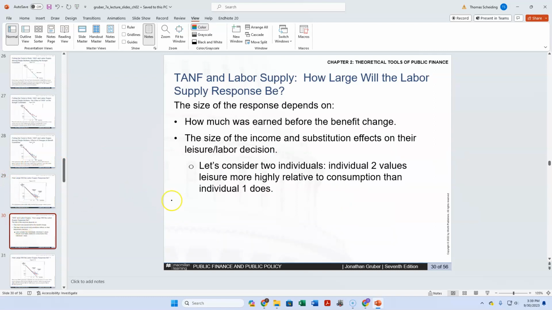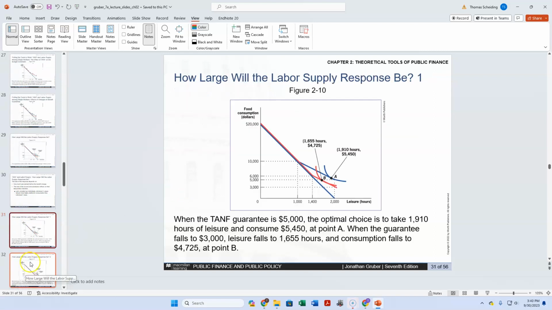And so as we think about this here, we have to think about if the TANF benefit in this case goes down from $5,000 to $3,000, how much more labor will people decide to provide? Okay, so let's look at that here. When the TANF guarantee is $5,000, then we're operating on the blue line, right?